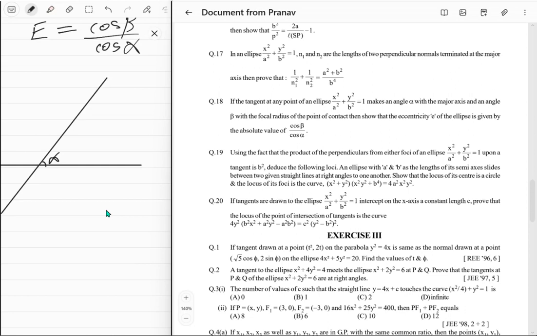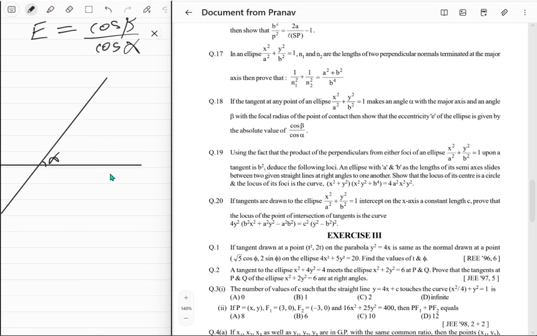Okay, think. The foci might be anywhere. We don't know what's happening to them actually. If that's a tangent to the ellipse, then what property ties everything together? Reflective property, maybe. Doesn't look like that. Something else maybe. If you assume the focus to be somewhere over here, I don't know.